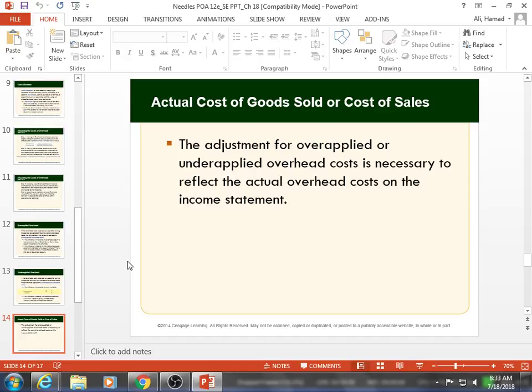If you underestimated your overhead, the same thing, your costs are not where they're supposed to be. Therefore, you have an elevated income, which is wrong. So either way, whether you overestimate or underestimate, it's going to give you the wrong amount of income. That's why you need your adjustments.